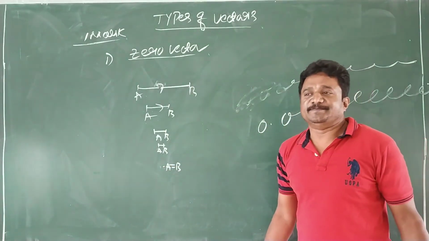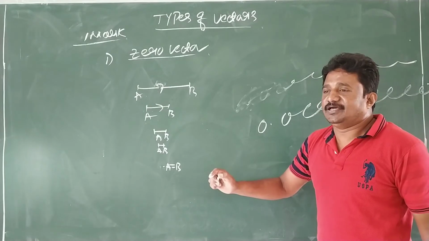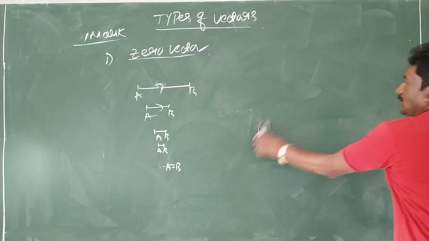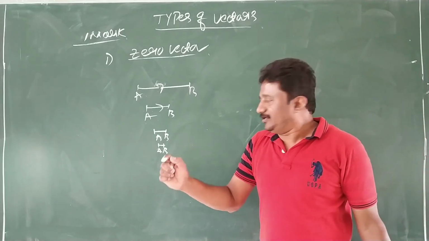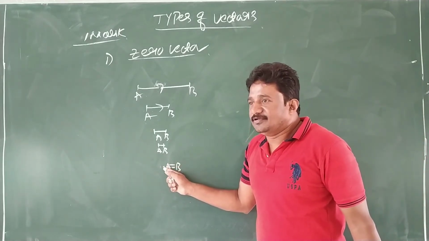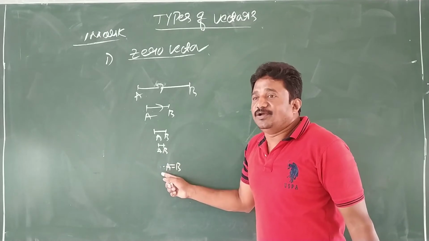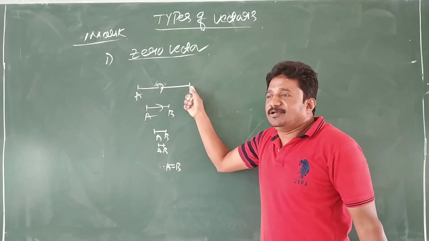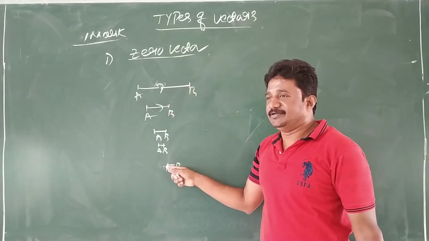Look at this, students. Now I define zero vector. Look at this definition. A vector whose initial and terminal points coincide.